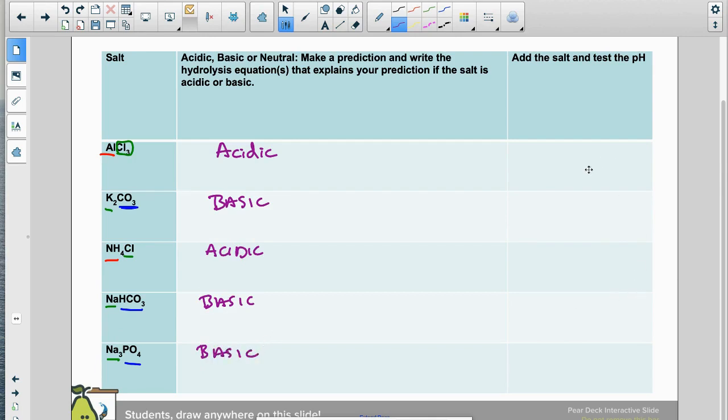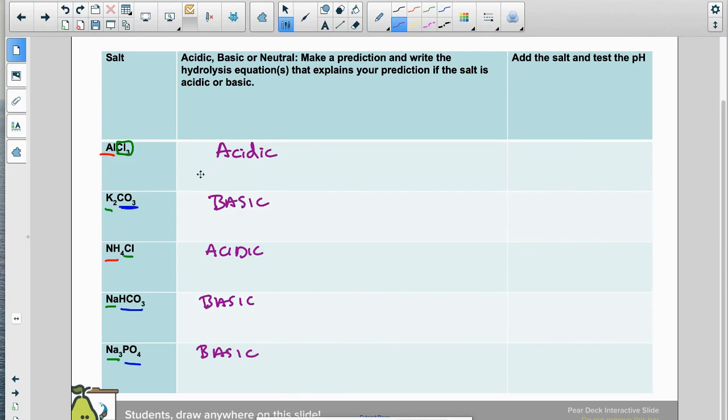All right, and in class, we would usually add these salts ourselves and test the pH. But instead here, we're going to write out some reactions first, and then there was a video, which I'm going to link in here, that you can watch, and you can see the results of putting these salts into neutral water.